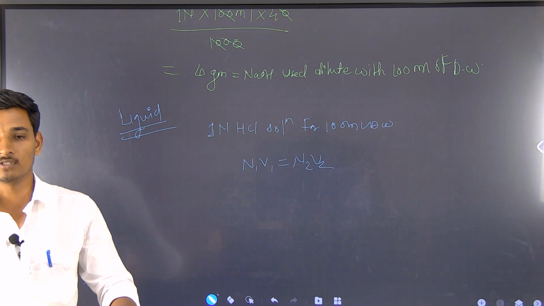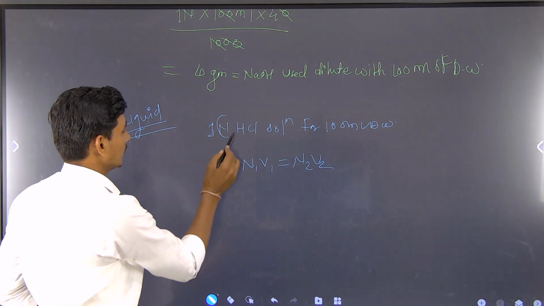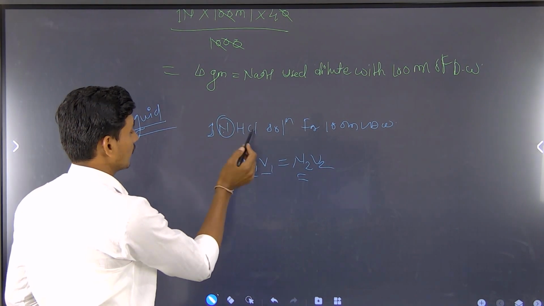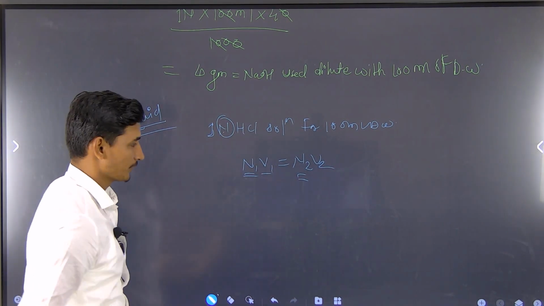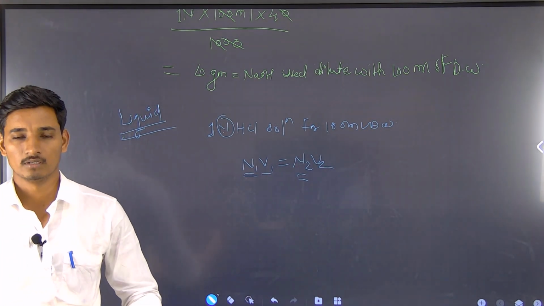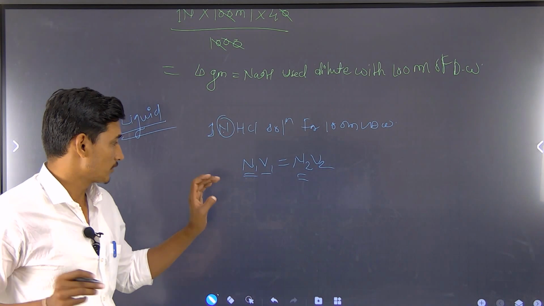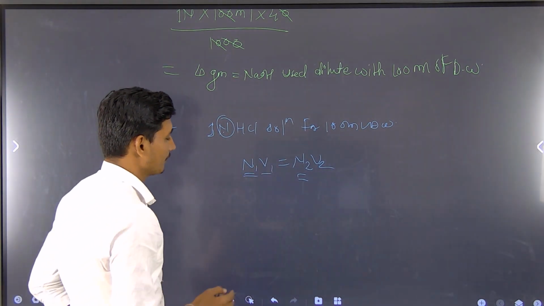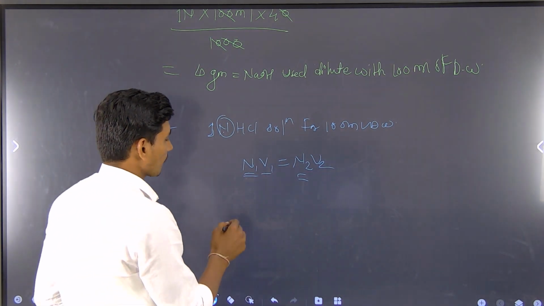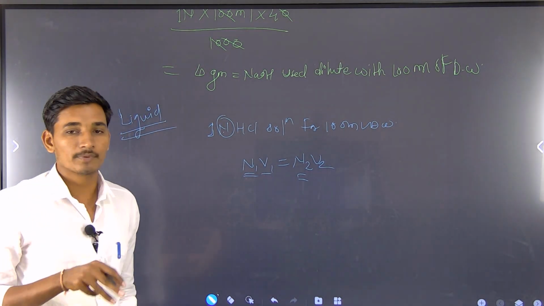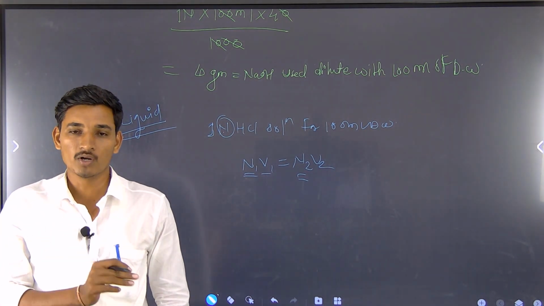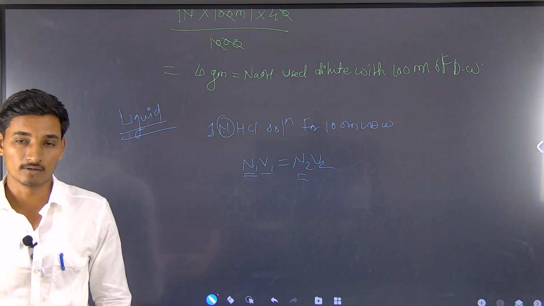N1 is the normality of the compound; if it is molarity, we take M1 and M2. It depends on what type of question we get, and we find the answer using this formula. Here we find the volume of HCl required to prepare one normal HCl solution in 100 ml of distilled water.